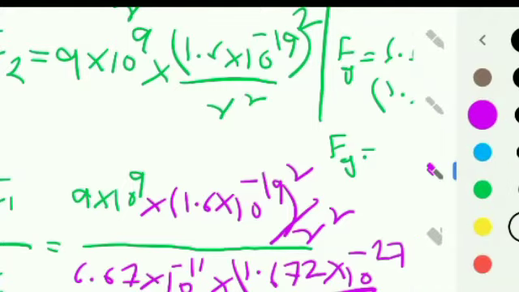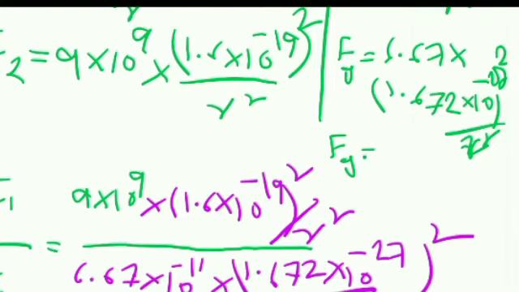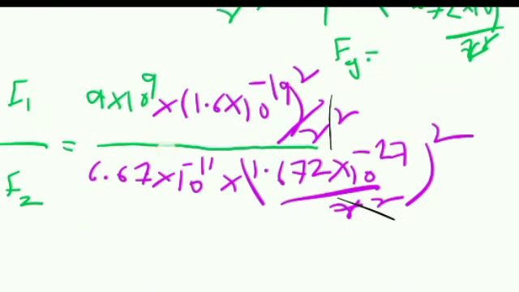Here R square and R square both are cancelled.